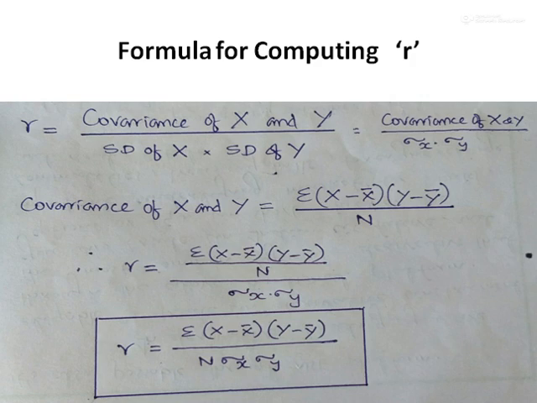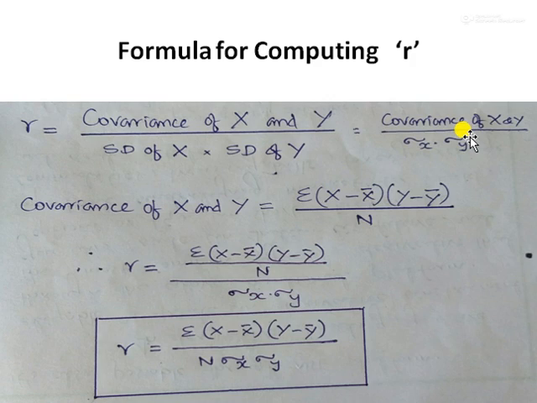If the variables are x and y, the general formula is r equal to covariance of x and y divided by standard deviation of x into standard deviation of y, or covariance of x and y divided by sigma x into sigma y. Sigma x denotes standard deviation of x variable, and sigma y denotes standard deviation of y variable.